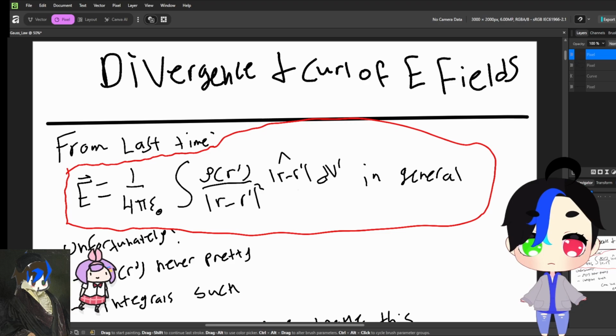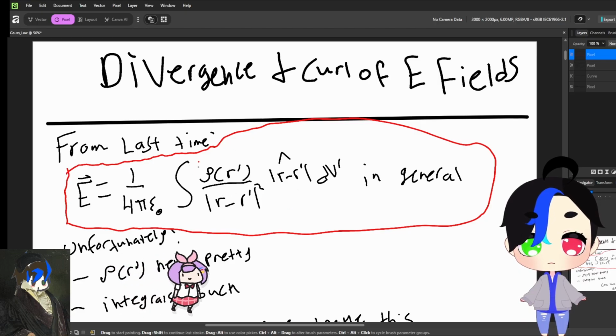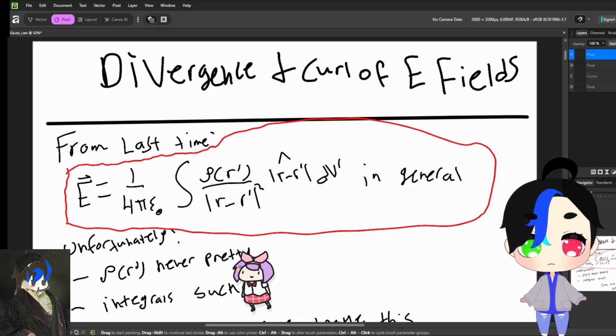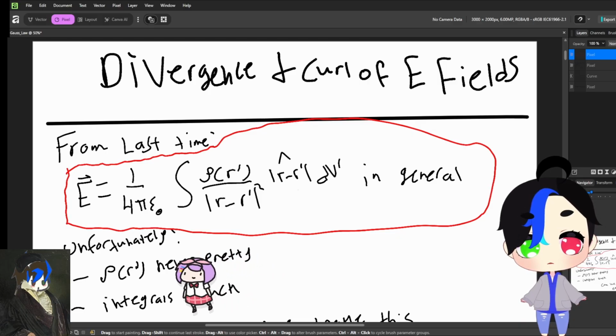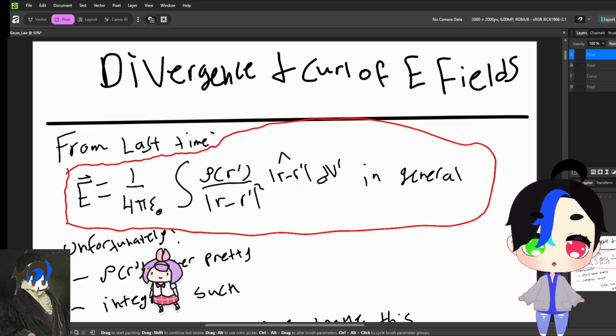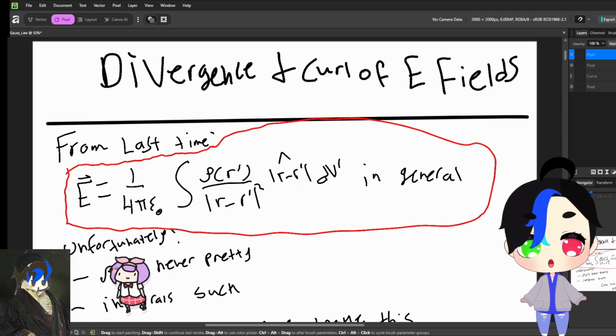So, this tells you that if you have some charge distribution rho, then the electric field generated by this charge distribution is this volume integral of rho over the distance between the charge distribution and where you're looking at, squared. That's all fine and good, and that does hold for any charge distribution.